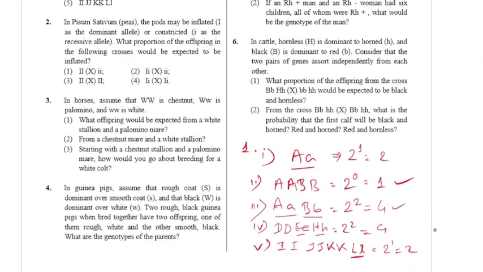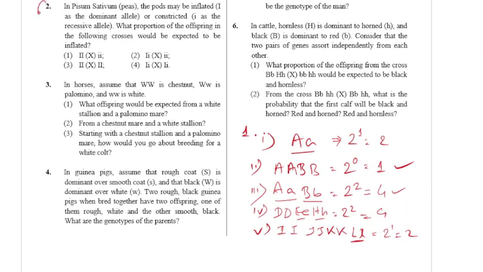Question number 2. In Pisum's diagram, the peas that are inflated are capital I, which is dominant, and constricted are small i, which is recessive.